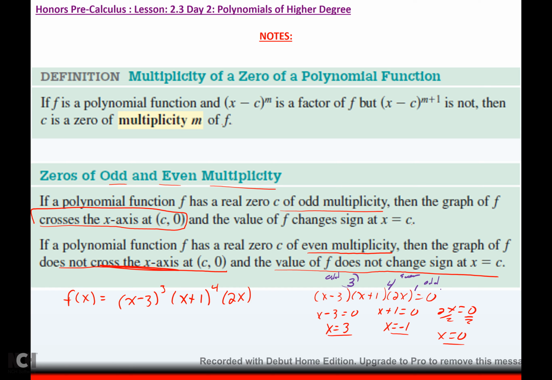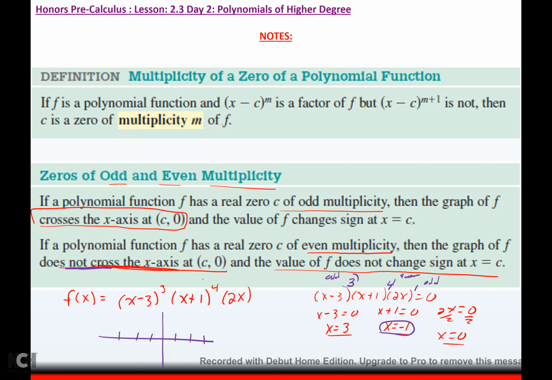And what this says is, on a graph, this thing will cross at negative 1. Actually, it will not cross because this is an even power. So, hold on, we've got to back up to our leading term test.